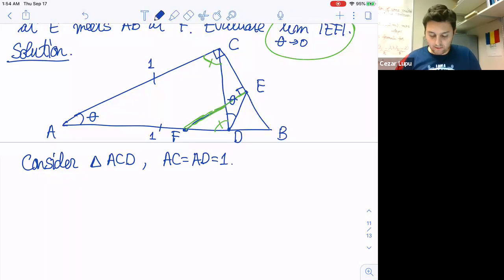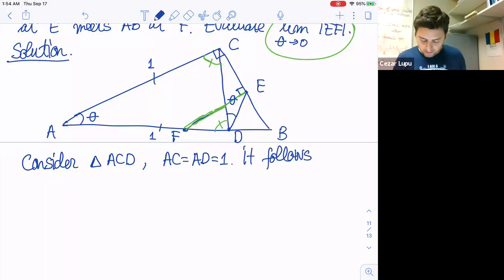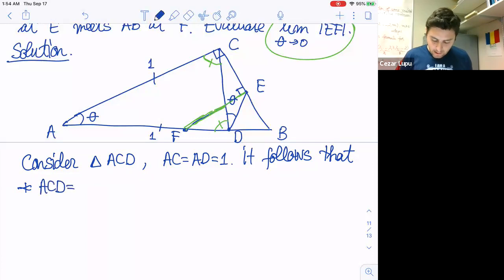So that angle there, it follows that by just looking at some angle chasing. Basically, you don't need to do any chasing. It's quite obvious. It follows that the measure of the angle ACD, since it's isosceles, is the same as the measure of the angle ADC.